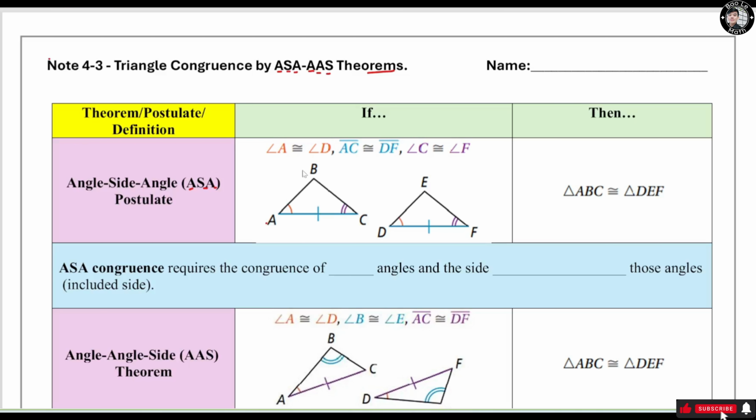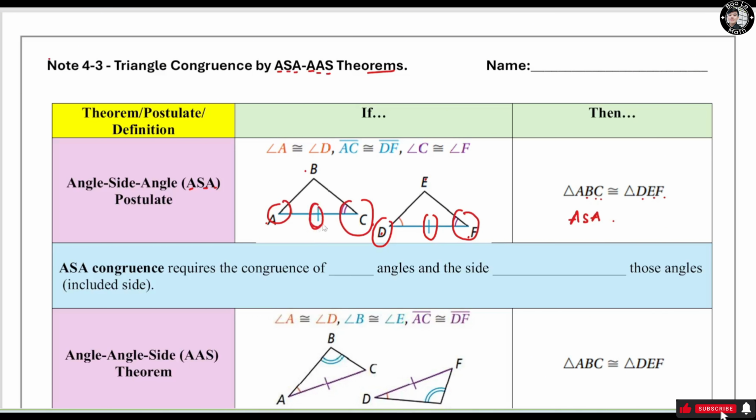If triangle ABC and triangle DEF have angle A congruent to angle D, side AC congruent to DF, and angle C congruent to angle F, then triangle ABC is congruent to DEF by the ASA theorem, right?